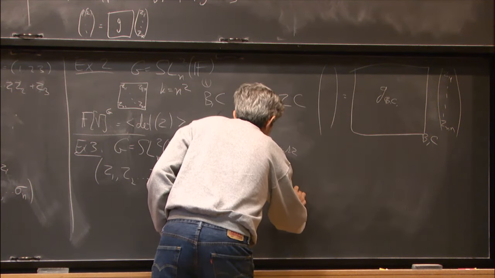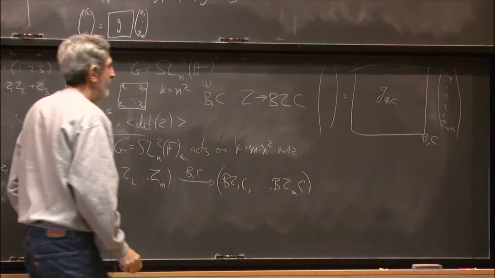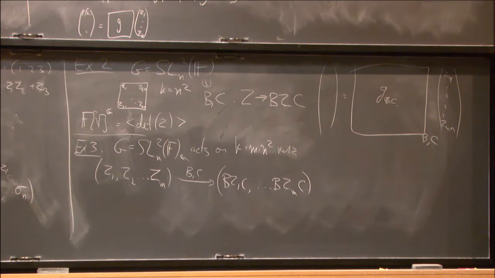Okay, so it's again a linear action on the variables. You can ask the same question. What are the invariant polynomials here? I don't expect you to guess, although the answer is on the board, so maybe you can guess.